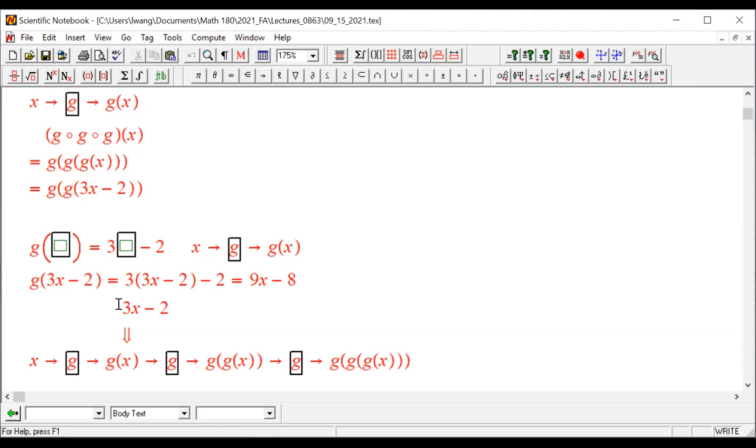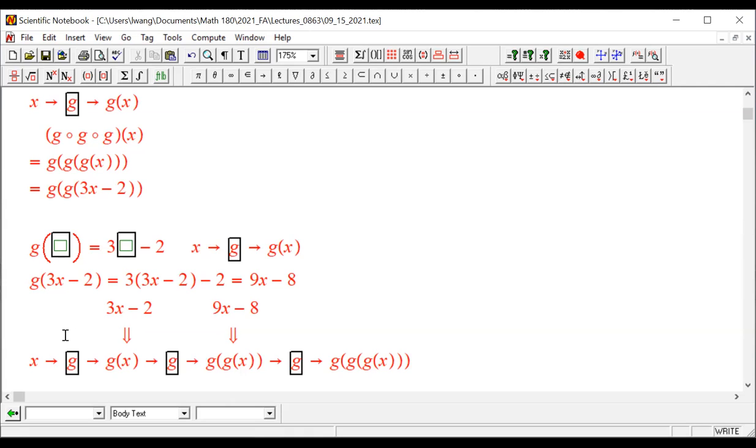So the 3x minus 2 now is the input to g. By the time it comes out, by the time this is the output, that's going to be over here. And this time it's 9x minus 8. Is that what you're trying to say?